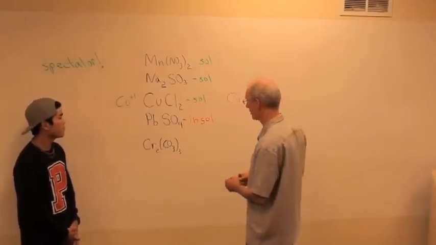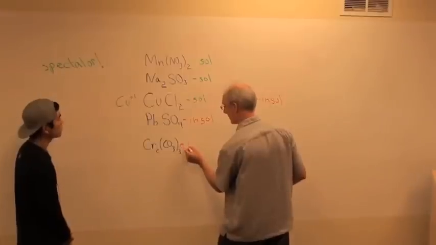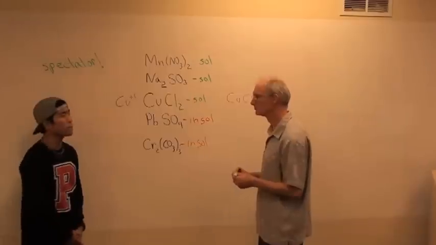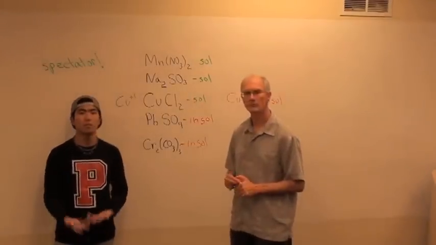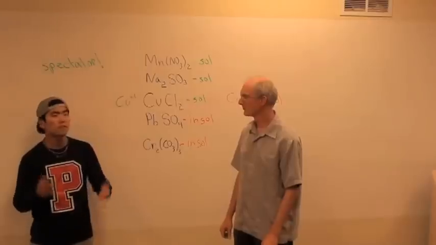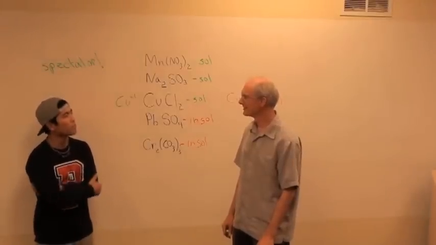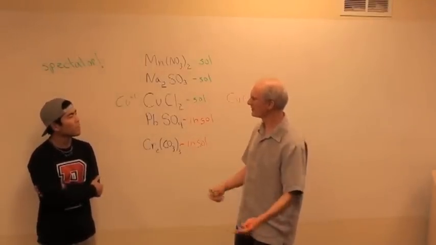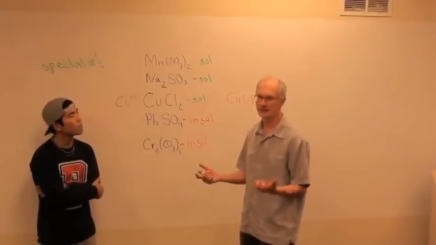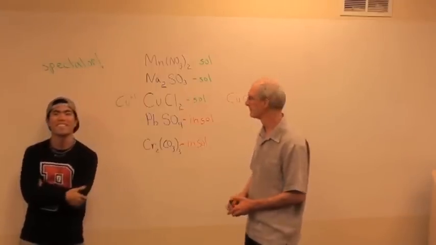No, it's not, and so that is insoluble. So make sure you keep track of your exceptions and remember what they're an exception to, if everything else is soluble or if everything else is insoluble, because it depends on what rule it is. And it gets a little confusing because the words are kind of similar.